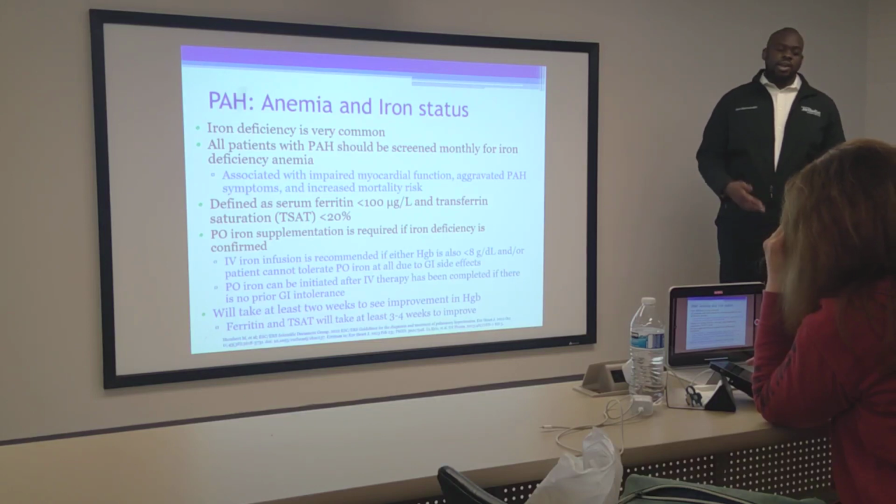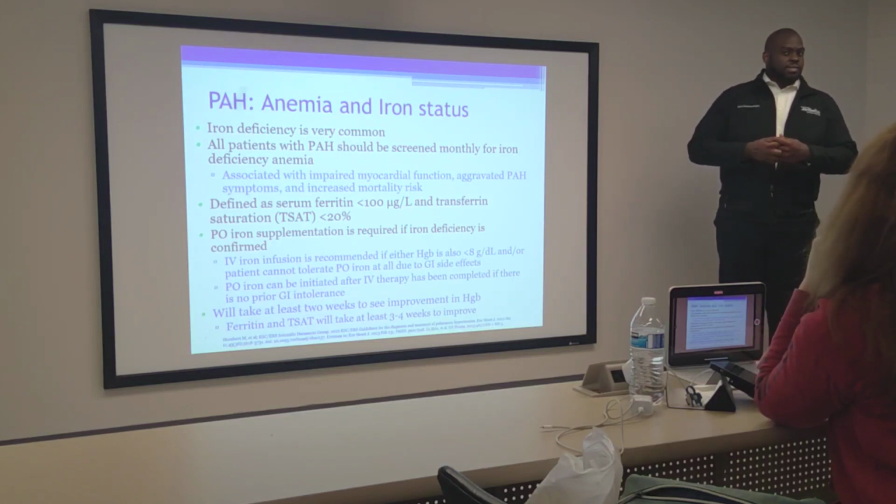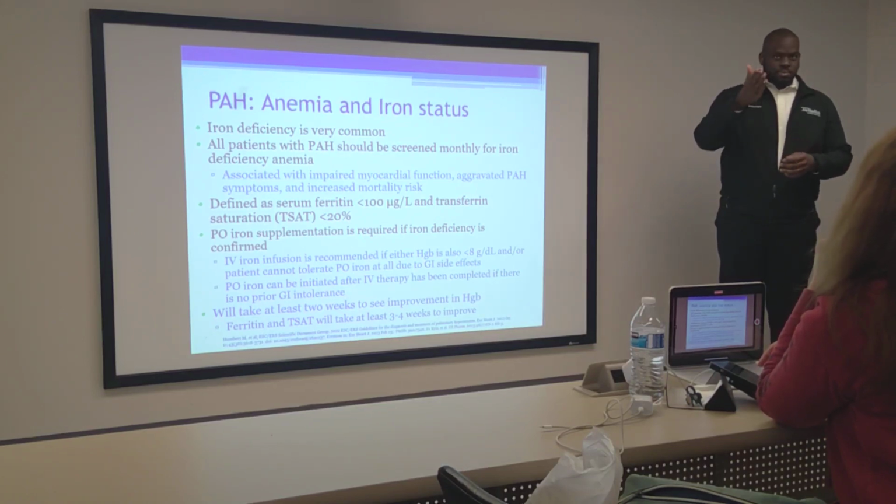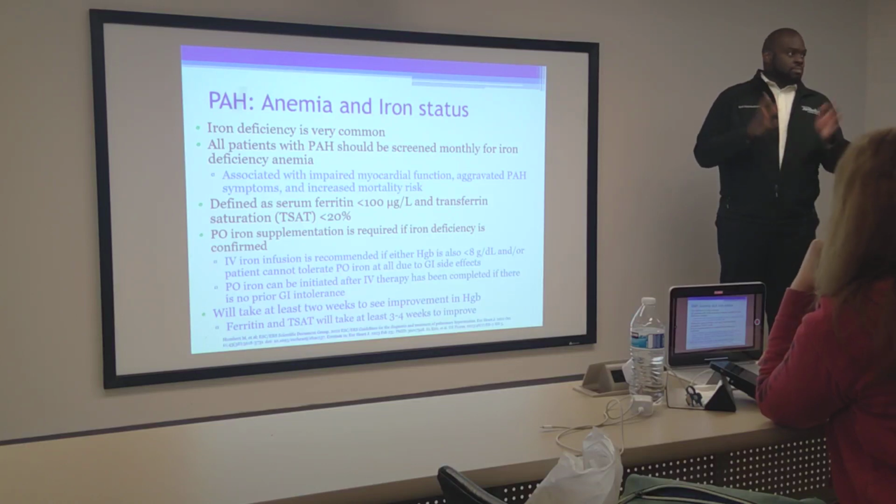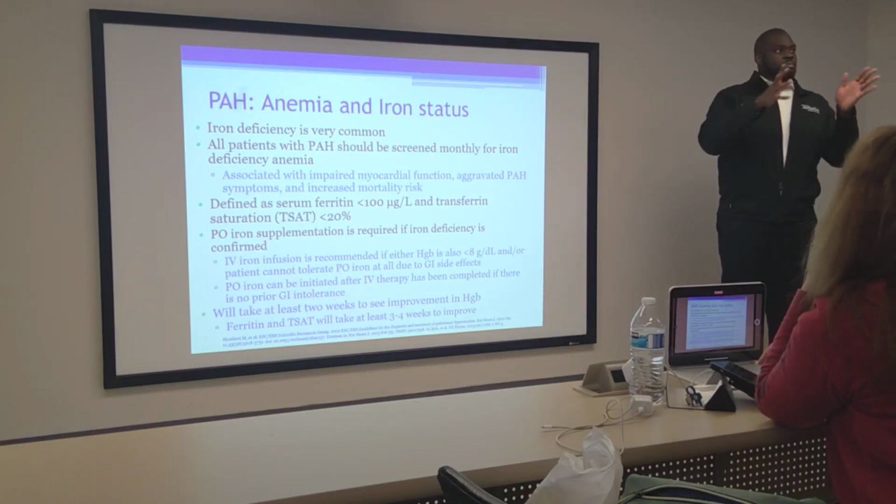So if hemoglobin is less than 8, why do we want to use IV iron instead of PO iron? Because you want systemic circulation to get there first. Circulation, yeah. Okay, all right. That's one reason, which I agree with. Anyone else?